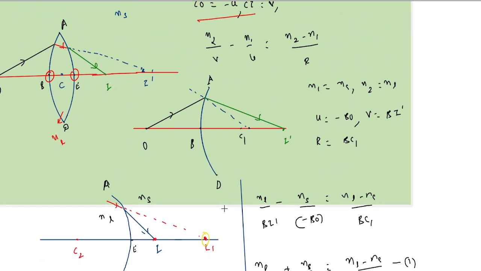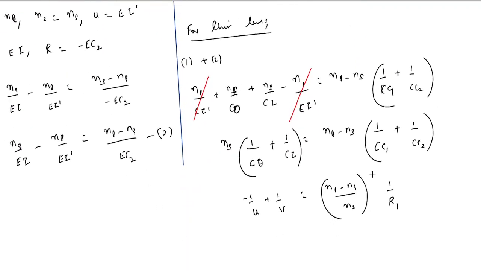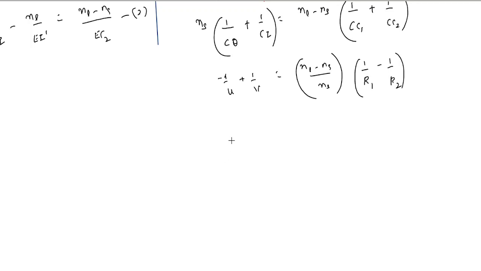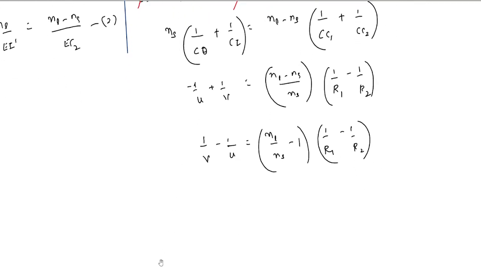So by sign convention, that would be positive, and then CC2 will be negative, so minus 1 by R2. You can rewrite this as 1 by v minus 1 by u is equal to nl by ns minus 1 into 1 by R1 minus 1 by R2. So this is the next equation, we can call it as equation number 3.